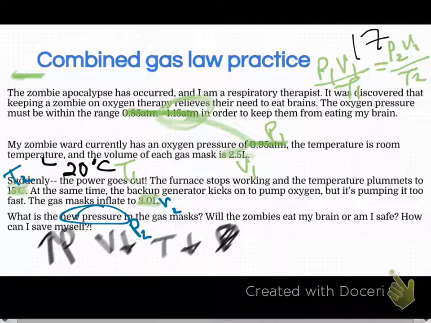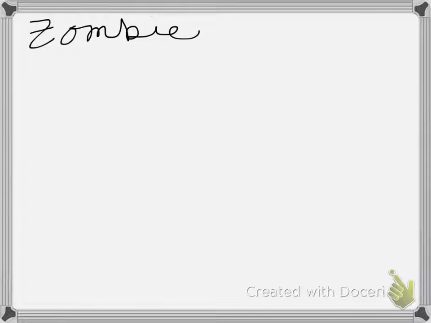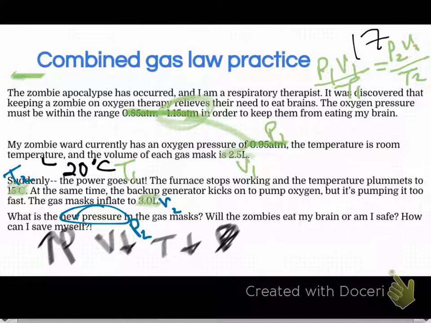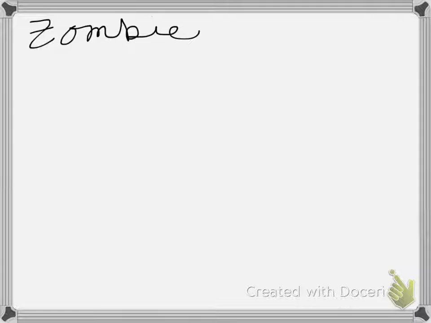Okay, so on the next slide, we're just going to try to write those down. So P1 is 0.95 atmospheres, so P1 is 0.95 ATM.